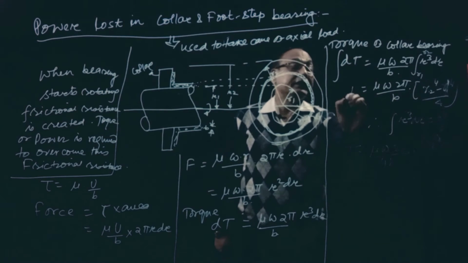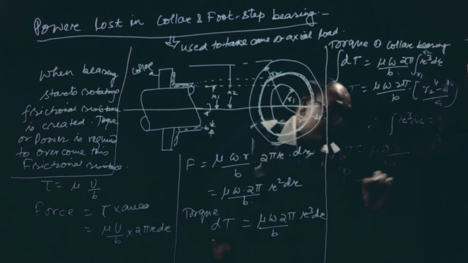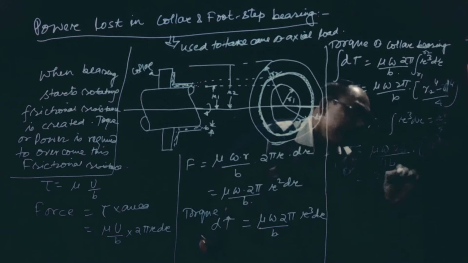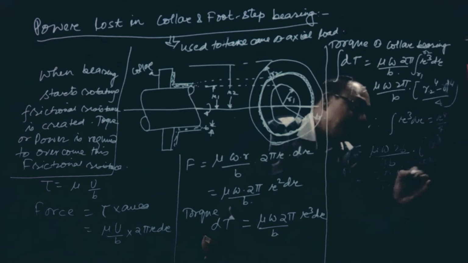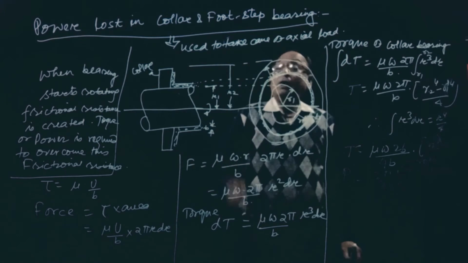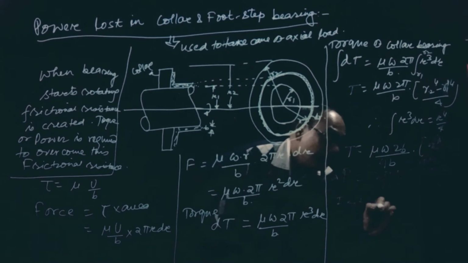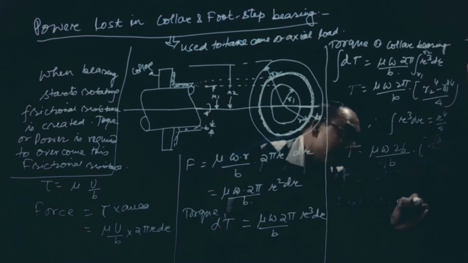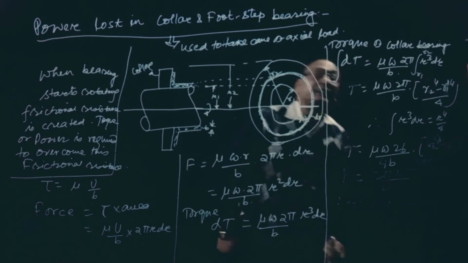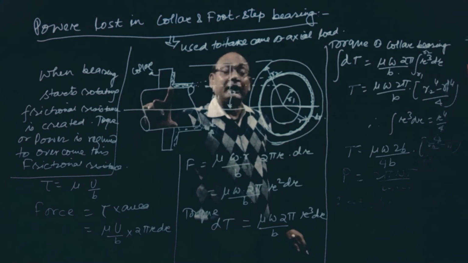Integrating this one will give the torque. Now our power will be here also 2 pi NT divided by 60,000 when N is in rpm and torque is in Newton meter. Okay, that is the difference. Now for footstep bearing, we are going to use r1 is equal to 0. That is a special type of bearing where this part will not be there.